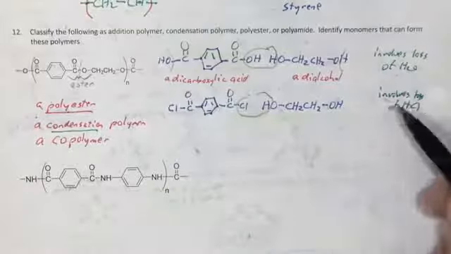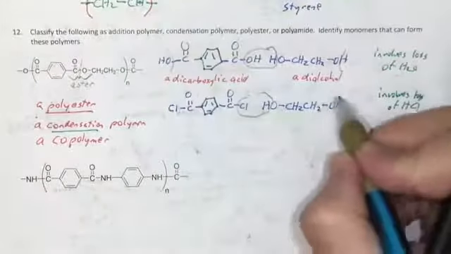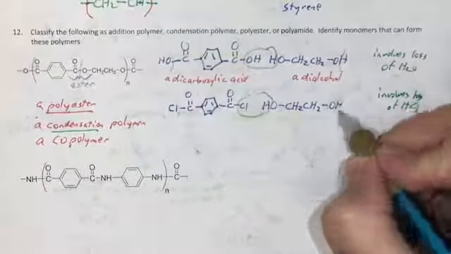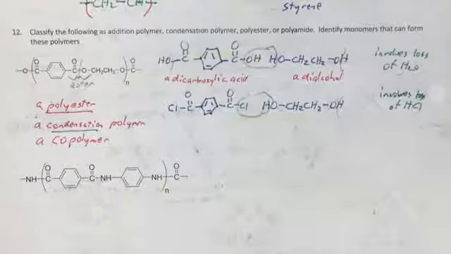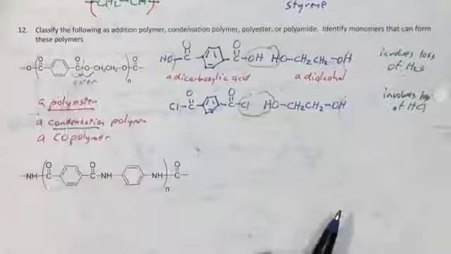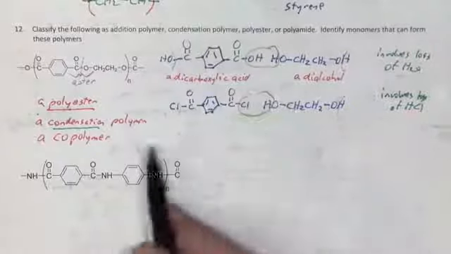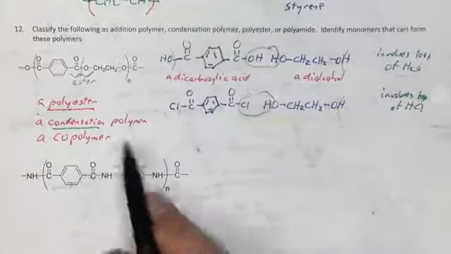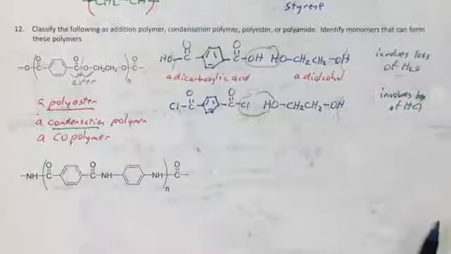And on the other side as well, this chlorine would be lost, and this H would be lost on this side to continue it on. So it's a polyester because this is an ester linkage. And it's a condensation polymer. We have two different monomers. And whenever two different monomers combine to make a polymer, it's called a copolymer.